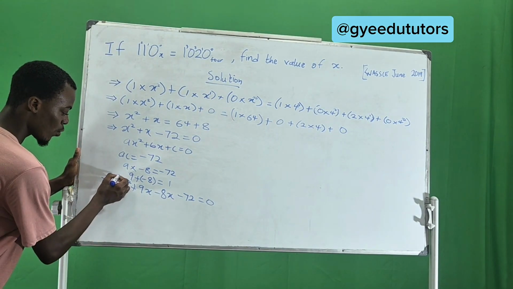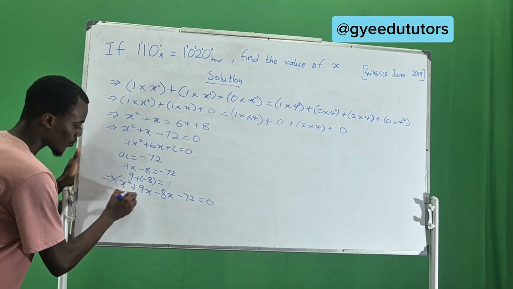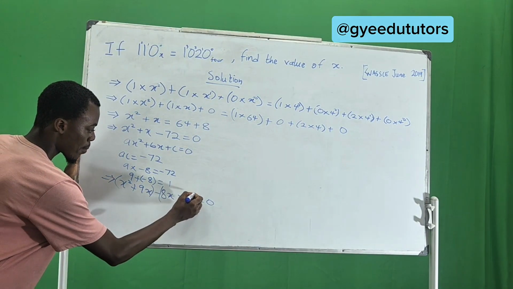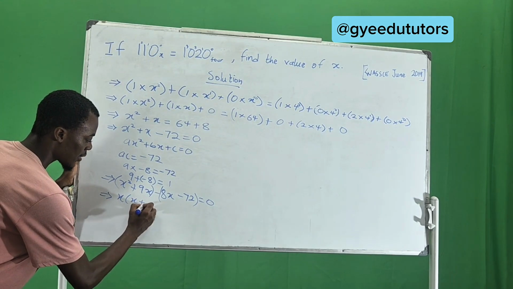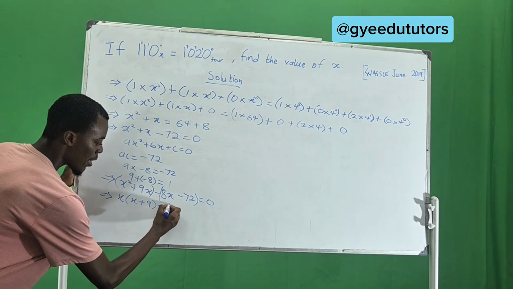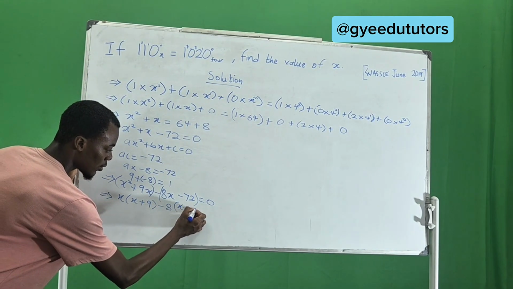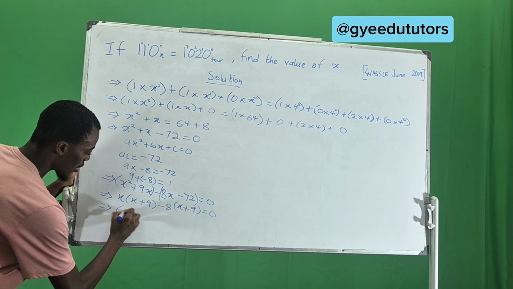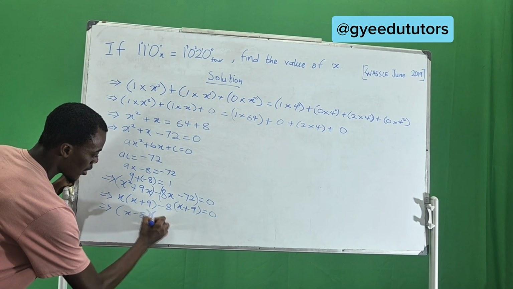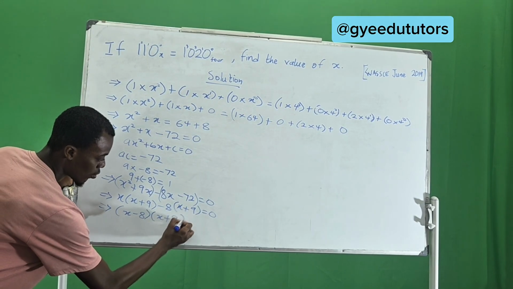Now from this side, we factor it. Factor x out, you get x plus 9. The same way, minus 8, you get x plus 9. So now we have x minus 8 times x plus 9, which is equal to 0.